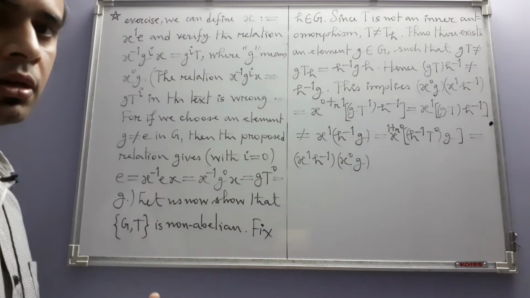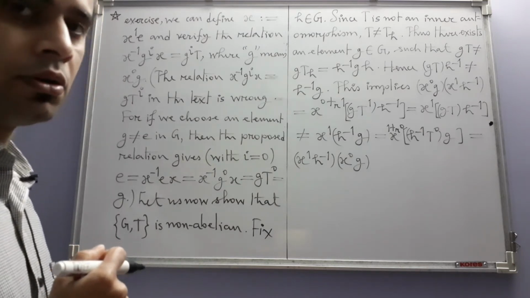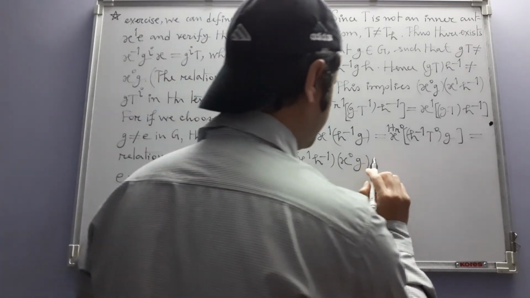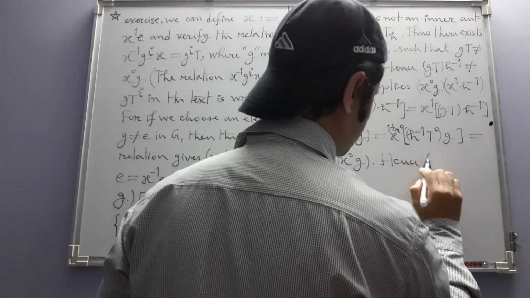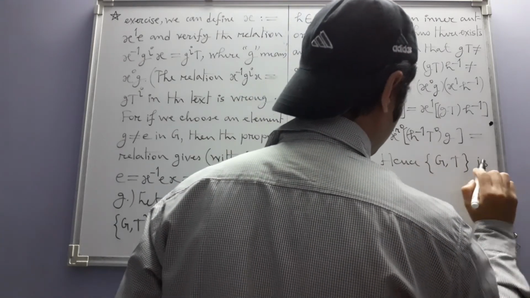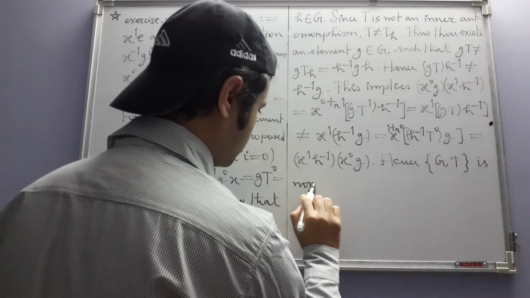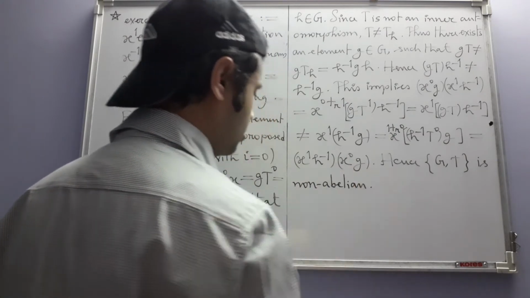So that's why the operation is not commutative and consequently the group is non-abelian.